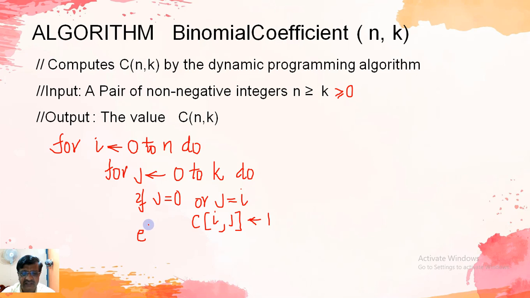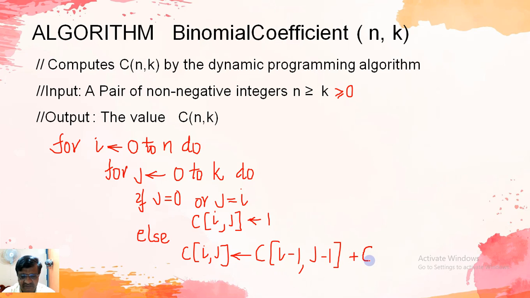Else we will write equation number 1. In place of n we use i, because it is the first for loop which is generating from 0 to n. C of i comma j equal to C of n minus 1, that is i minus 1, and k minus 1 means j minus 1 as far as this loop is concerned, plus C of once again n minus 1, that is i minus 1, comma k, that is j.